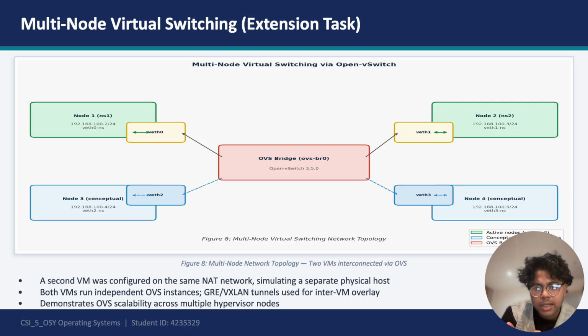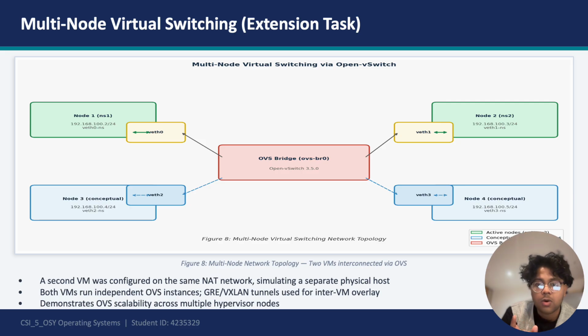The topology diagram on the slide illustrates how VM1 and VM2 each have their own OVS bridge connected to a namespace, and the tunnel port links the two bridges together. This means traffic from the namespace on VM1 can transparently reach a namespace on VM2 as if they were on the same physical switch.